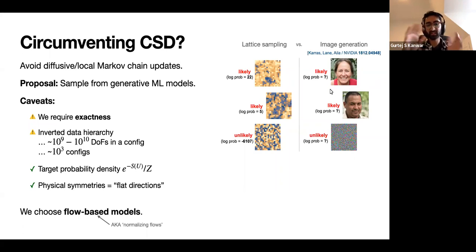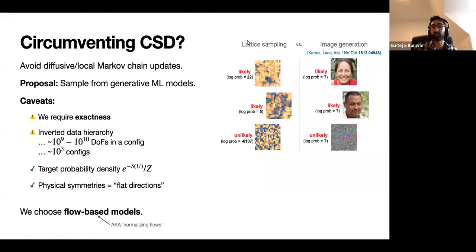So there's at least order one parity between these numbers. But for a lattice calculation, especially lattice field theory in 4D, the number of degrees of freedom in a configuration could be quite large, on the order of 10 to the 9 or 10 to the 10, whereas typically one only produces on the order of 10 to the 3 configurations. So it's not a lot of samples for a large number of degrees of freedom, and that's something that also needs to be addressed.